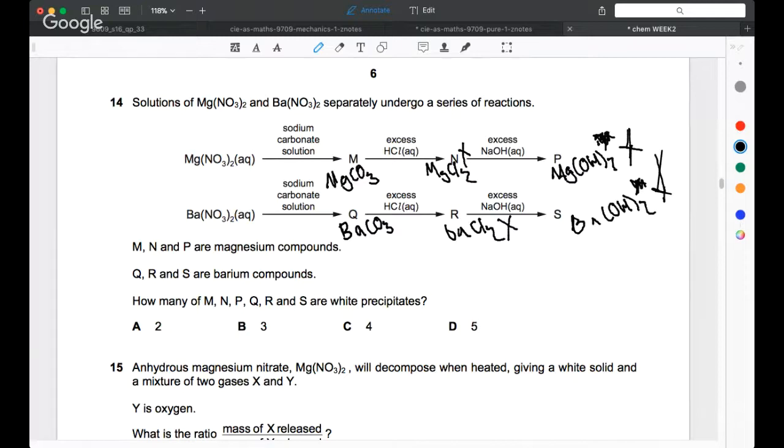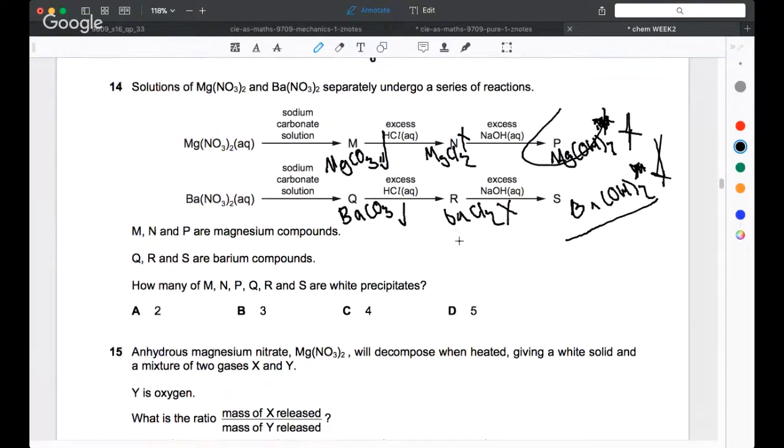What about carbonate? The carbonates are precipitates. So magnesium hydroxide is not. So how many precipitates? 1, 2, 3. So that one is not, but this one is.